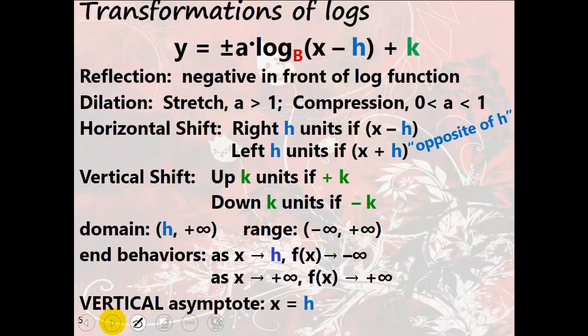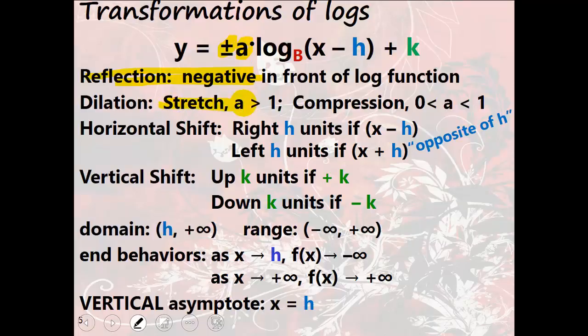Transformations work exactly the same way as they do in all other types of functions. If you have a negative out in front, you have a reflection. If you have a number out in front other than 1, and a is bigger than 1, it's a stretch.